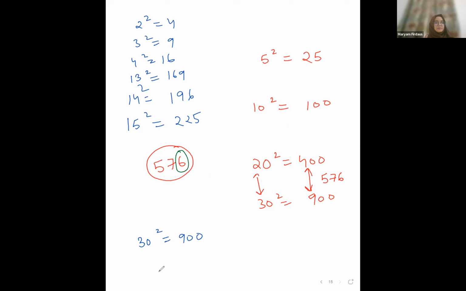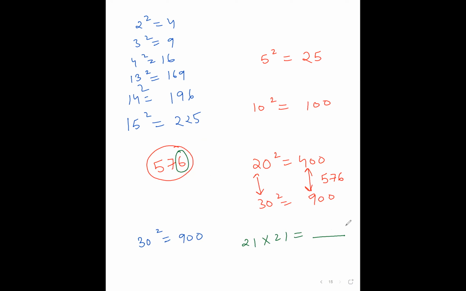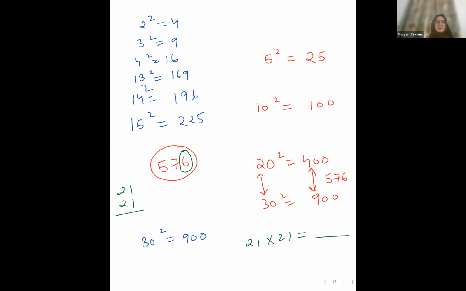Now, Hiba, let's say if it is 21 square, that means 21 into 21. I'm not going to sit and calculate it. That is going to give me a number whose last digit is what? See, do this. 21 multiplied by 21.